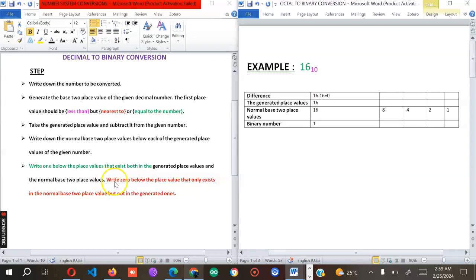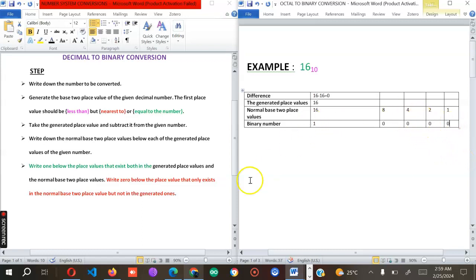But look now at the right part. You write 0 below the place value that only exists in the normal. If you look at the other numbers, they only exist in the normal, so there is no corresponding generated number. So you write 0 on the other numbers.